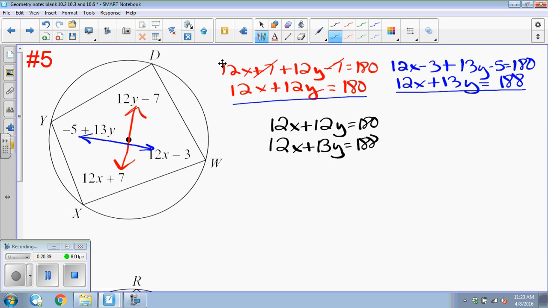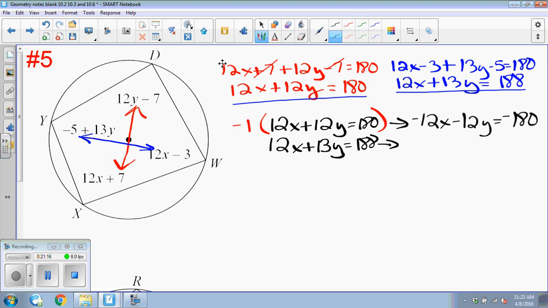To solve a system of equations using elimination, you want to eliminate one of your variables so you can solve for the other one, and then go back and plug it back in. Okay? And so I could cancel my 12s if one of them was negative. So I can multiply either the top or the bottom by -1. So we'll multiply the top by -1. So now this becomes negative 12x minus 12y equals -180.